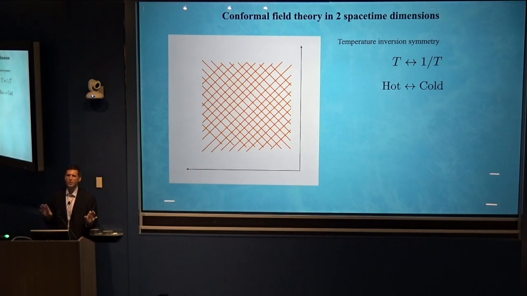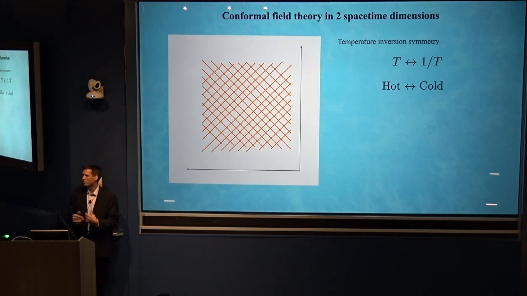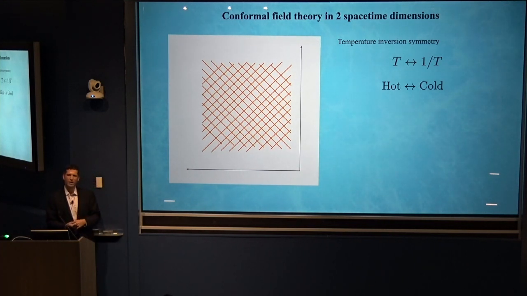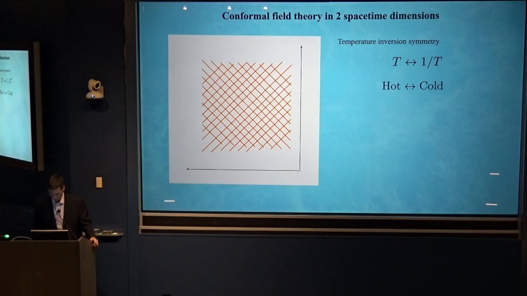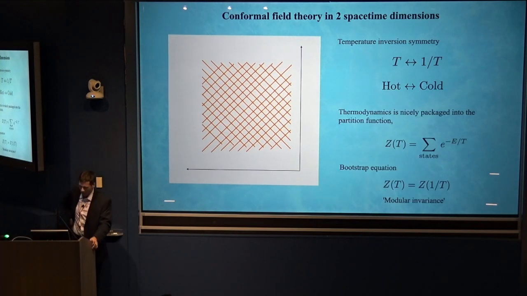Remember I said the Bootstrap philosophy is that you start with some basic features of your system: quantum mechanics, relativity, and some symmetries. Well, this is the one that we're going to rely on. We're going to use quantum mechanics, relativity, and this temperature inversion, hot-cold symmetry. We like to package this into a function called the partition function. If you're familiar with that, then I'm writing it here just to tell you what we use.